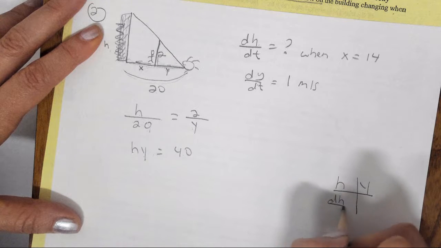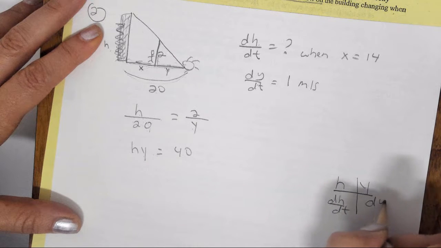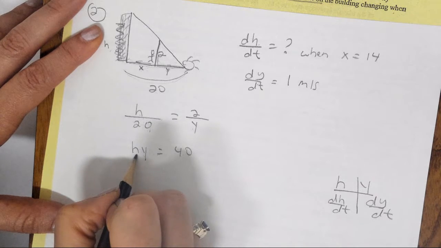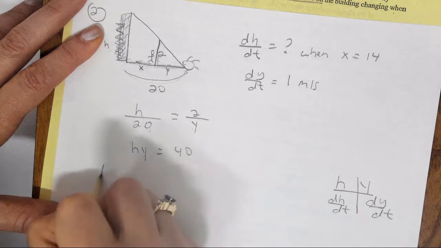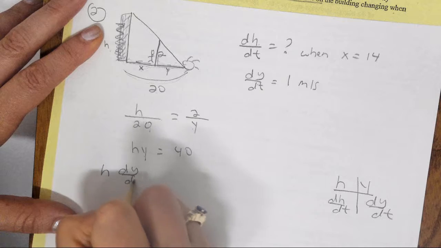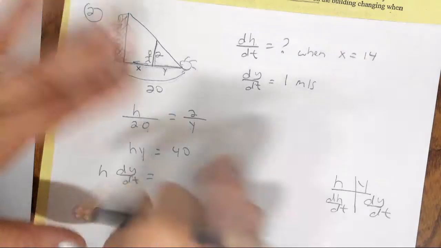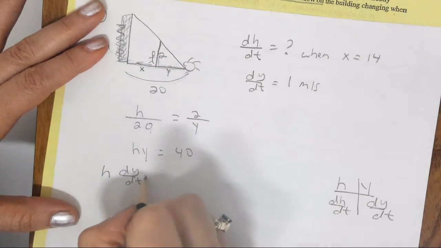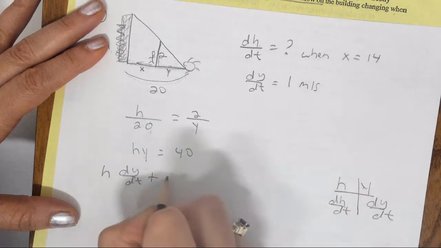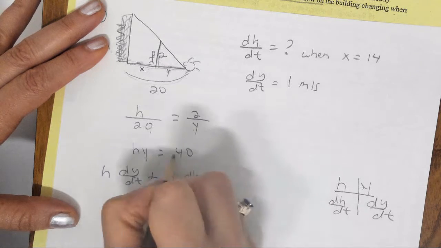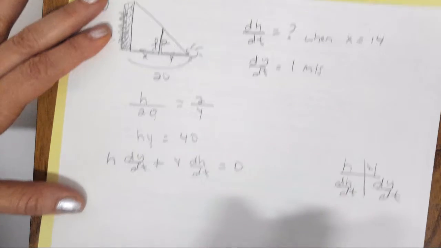And so this is dh over dt, this is dy over dt. And so my derivative here is h times dy over dt plus y times dh over dt, and this all equals the derivative of 40, which is 0.